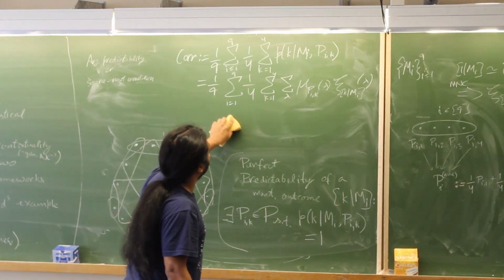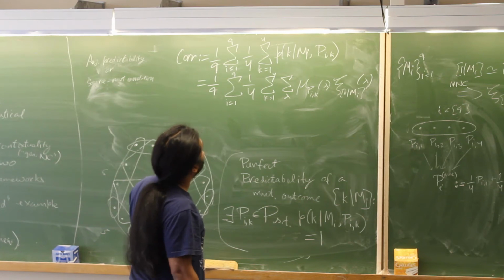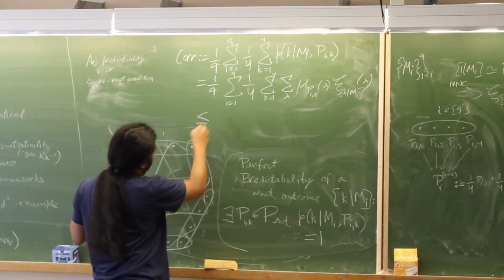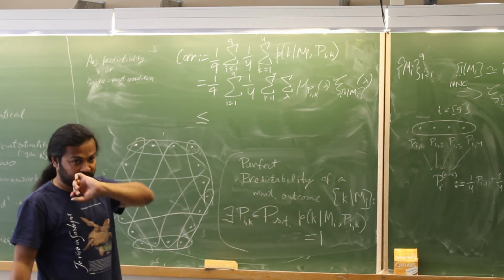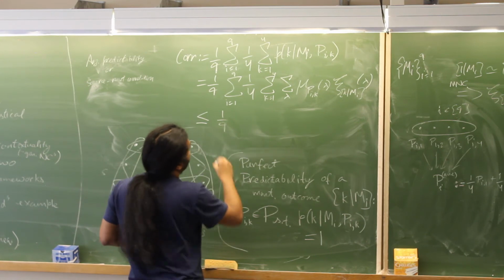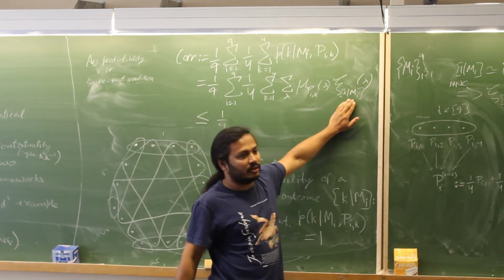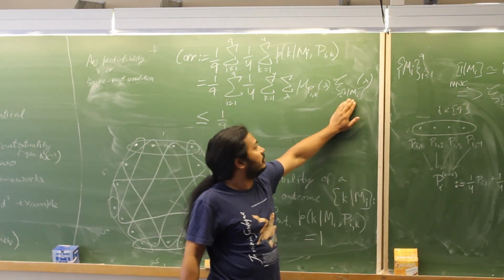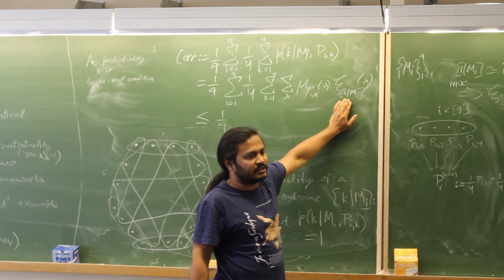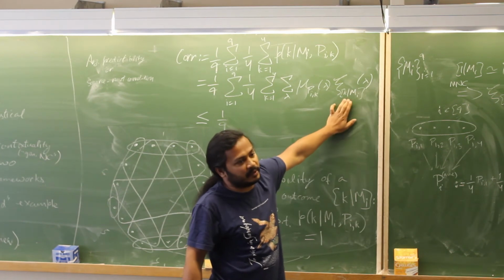Now I'm going to put an upper bound on this, again not using any non-contextual assumption right now. For each M_i I want to take the most predictable effect, the effect which has the maximum probability for that given lambda.